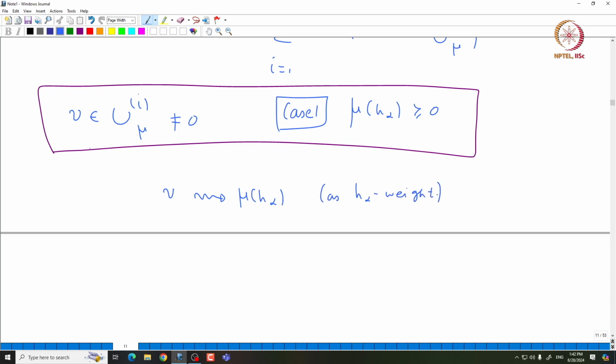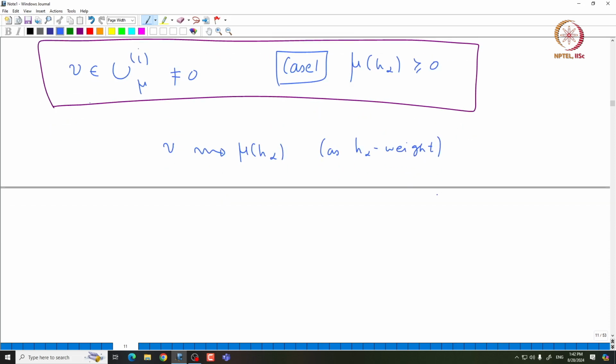So, this may not actually be the highest weight. We will switch to the highest weight. For that purpose, let us start with the maximal element. Choose k maximal such that this U I mu plus k alpha is non-zero.